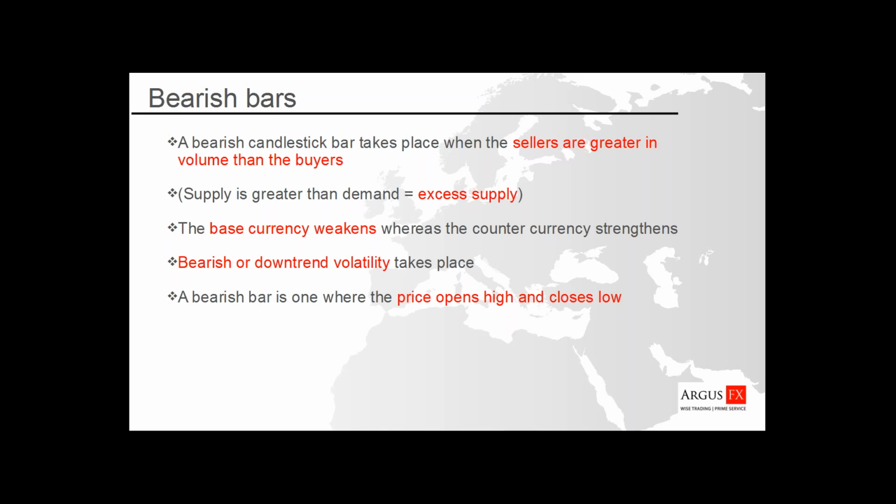Therefore, it is the exact opposite of a bullish bar. A bullish bar opens low and closes high, indicating an uptrend volatility, an uptrend movement, whereas in the case of a bearish bar, the price opens high, closes low, an indication that we have a bearish or a downtrend volatility.